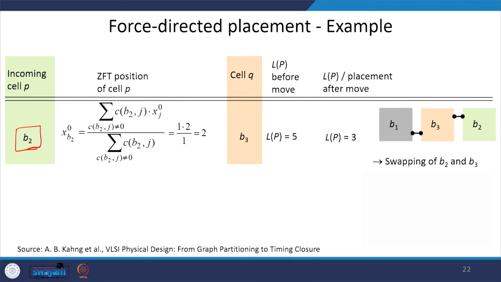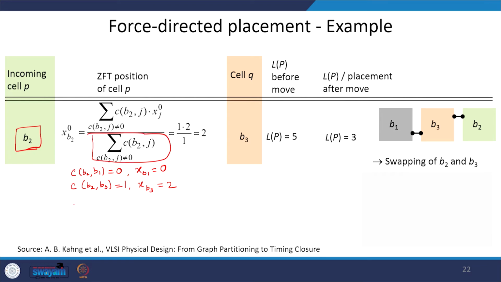In this slide, we are finding the ZFT position of the incoming cell B2. We can find it if we have C of B2 comma B1, which is 0, and x of B1 is 0, C of B2 comma B3 is 1, and x of B3 is 2.